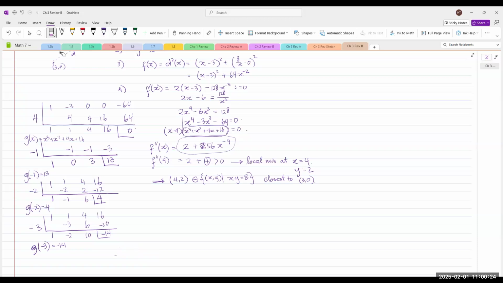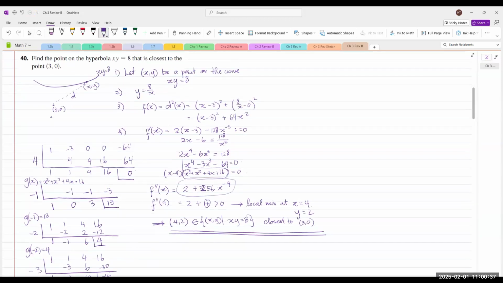Let's do Newton's method then. Okay? So at least I get one solution already. There could be another point. You know what? Let's compute the distance from (4, 2) on that curve to (3, 0).